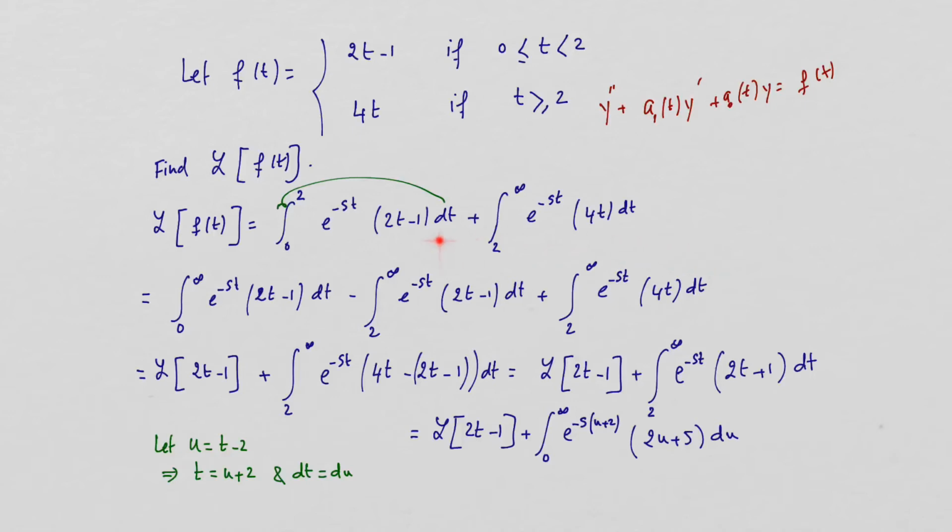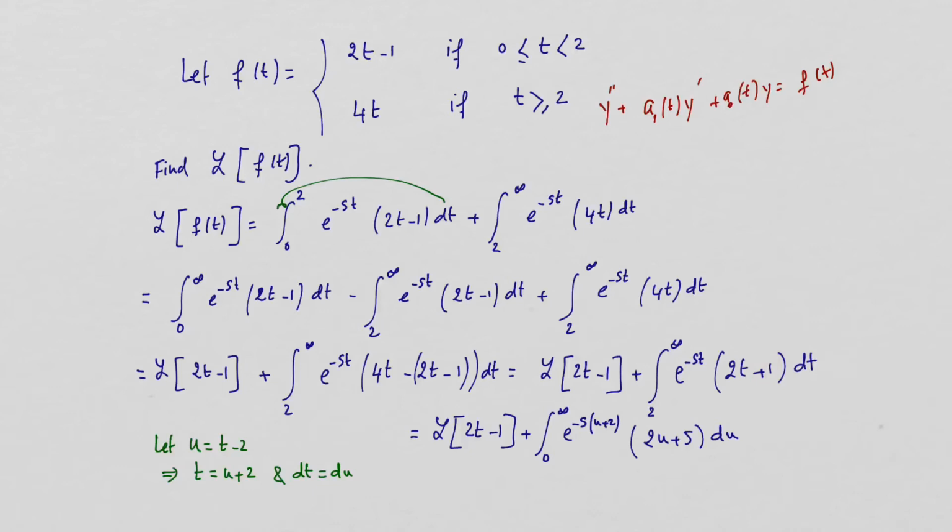So this piece here is this piece. And that is just Laplace of 2t minus 1. Isn't that true? Isn't Laplace of 2t minus 1 the integral from 0 to infinity e to negative st f of t? So, we know how to do this, don't we? We know how to apply Laplace and get the s's, the letter s, okay? Now, when I subtract these two and I clean this up, I get 2t plus 1.